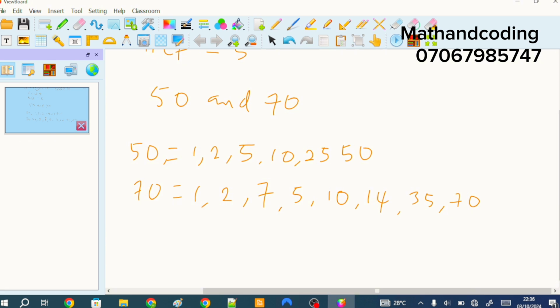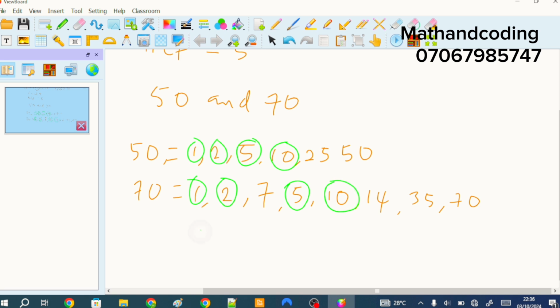So we pick out common factors. Are there factors that can divide 50 that can also divide 70 here? Yes, we have 1, we have 2, we have 5, we have 10, and these are the common factors.